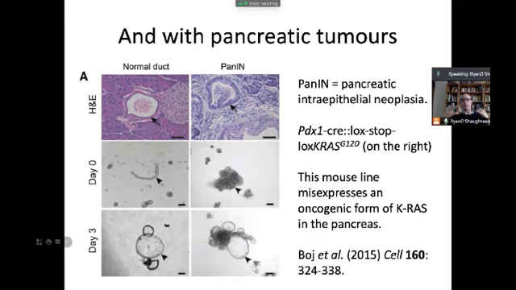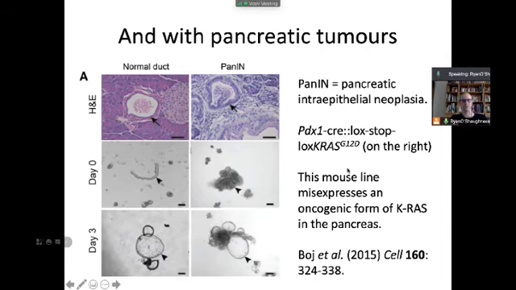In pancreatic tumours, what happens is that the lumen gets filled with cells that are derived from the duct. How do we know this? Well, we can express the mutant form of KRAS, the KRAS that is found in 50% of all cancers, under the control of PDX1.